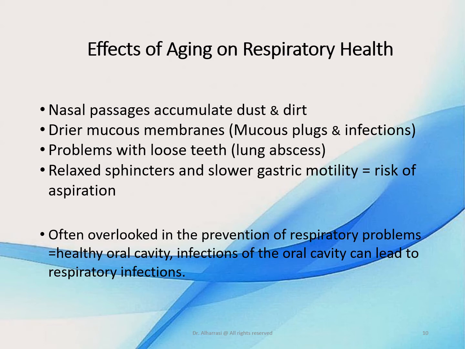There are also relaxed sphincters and slower gastric motility, which is a risk for aspiration in older adults. Often overlooked in the prevention of respiratory problems, a healthy oral cavity is very much dismissed, especially here in Oman. That's why we have a lot of infections of the oral cavity, which can lead to respiratory infections.